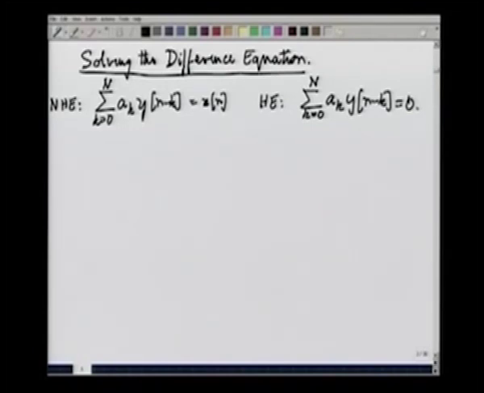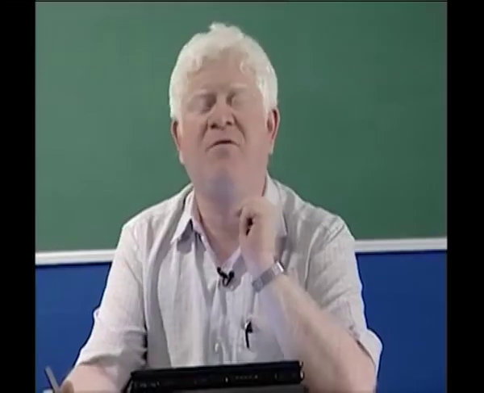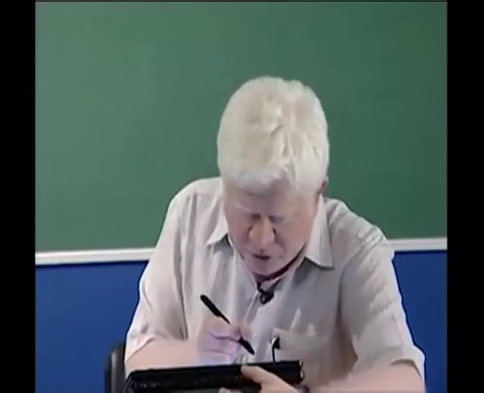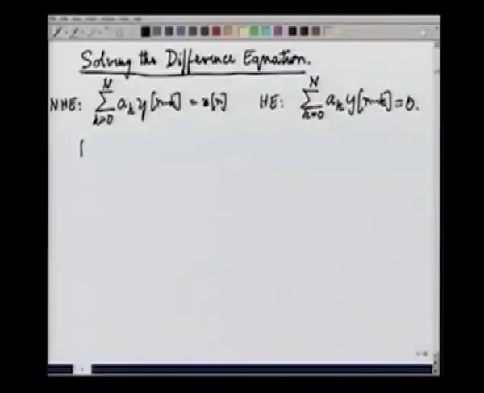Now, recall what we did last time. We made use of the invariant function under differentiation and assumed that y[n] would have the form of the invariant function. Hence, here too we will assume that y[n] is of the form a r to the power n.